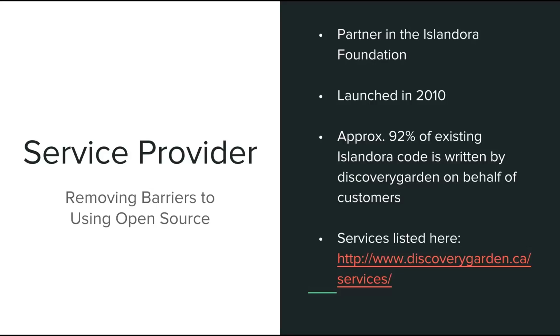The foundation is a nonprofit entity that fosters the Islandora code. And since we've launched, we've contributed over 90% of the Islandora code base, which we've written here at Discovery Garden on behalf of our many customers. We offer many services, which I won't get into today, but there is a link on the screen that you can follow and browse at your leisure.